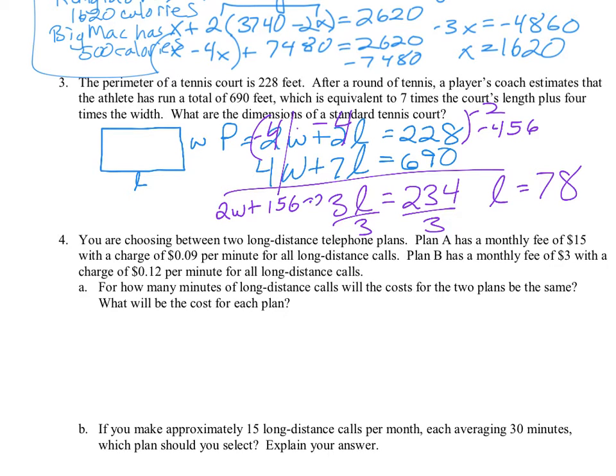And that equals 228. Oops, I'm running into the other one. So 2W equals 228 minus the 156. And that gives me 72. Well, gosh, it's almost square. 78 by 72.